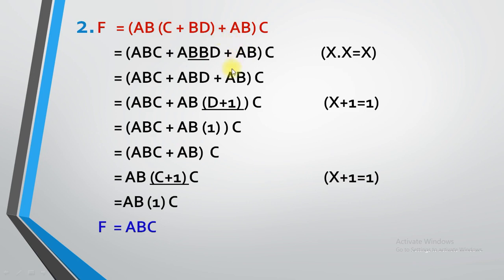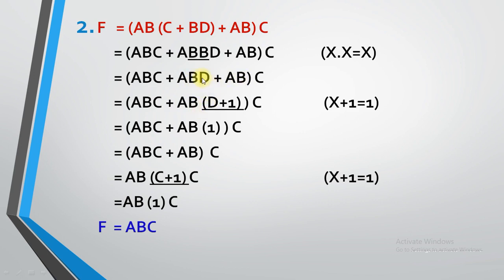Now what is the next requirement? B into B. Instead of 2 times B, I can write 1 time only, based on the postulate x into x equals x. So this BB can be replaced with a single B. Now what happens? Consider this particular term. Out of this term, AB is a common factor. So I have taken AB out of this particular factor.